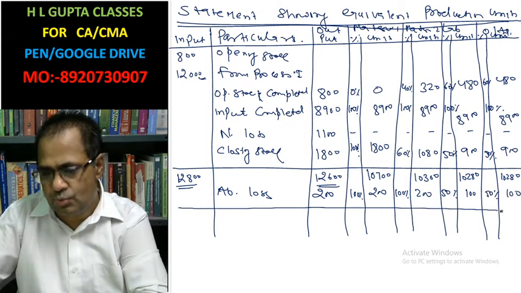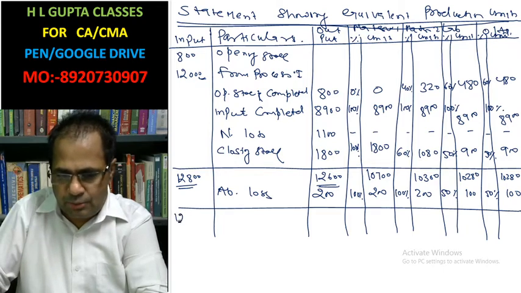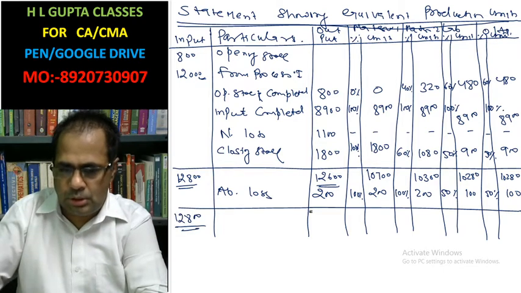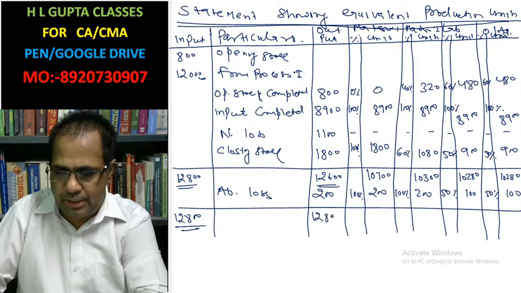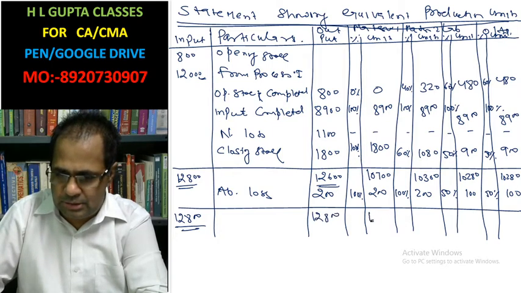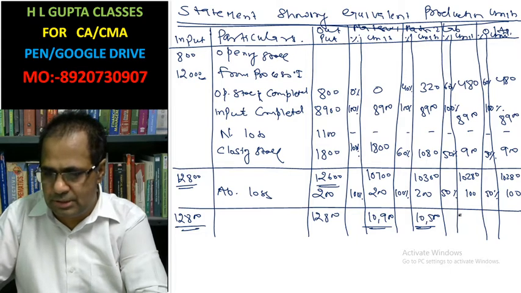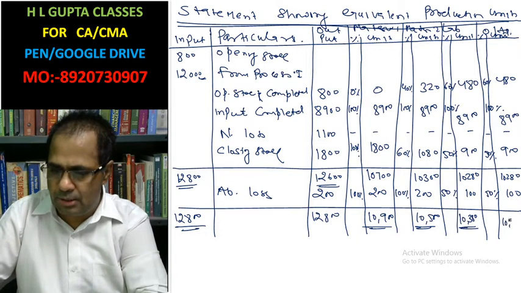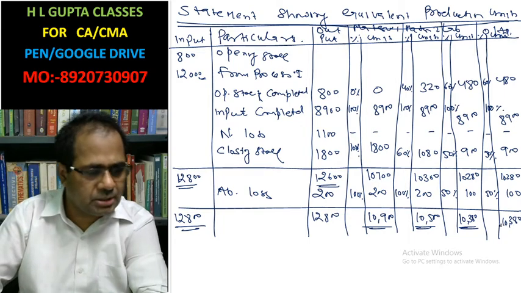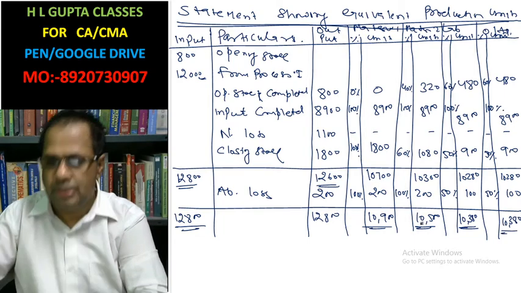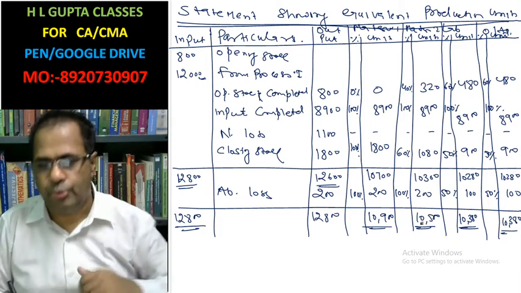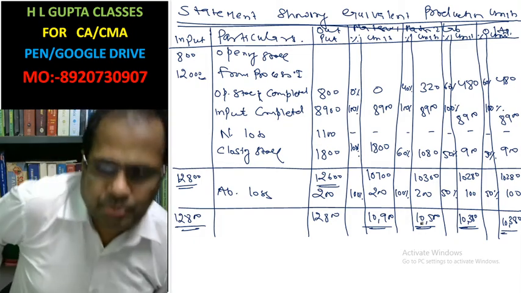In this case, what will happen? 12,800, 10,900, 10,500, 10,380. This is the equivalent production unit for these questions.